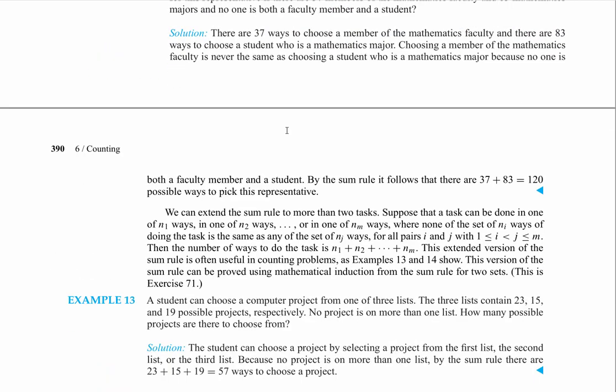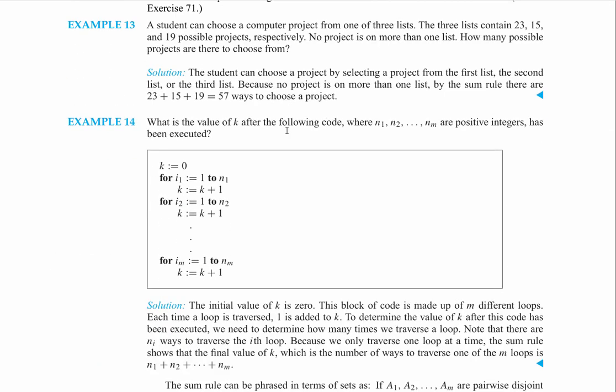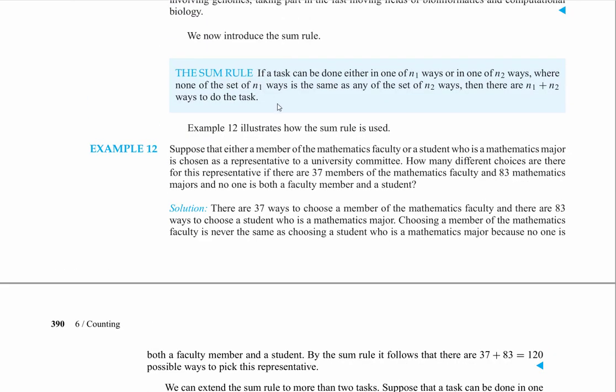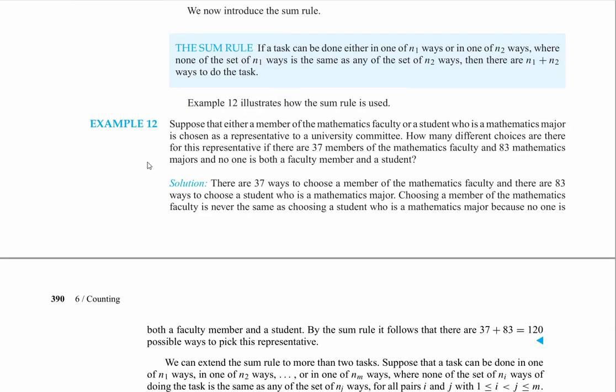Okay, so now it's getting confusing, these different kinds of options. Example 12, suppose that either a member of the mathematics faculty or a student who is a mathematics major is chosen as a representative of a university committee.